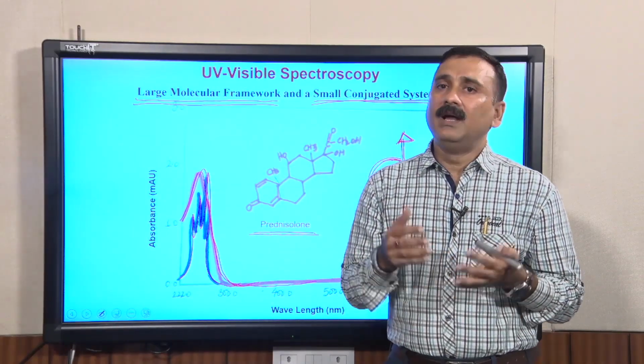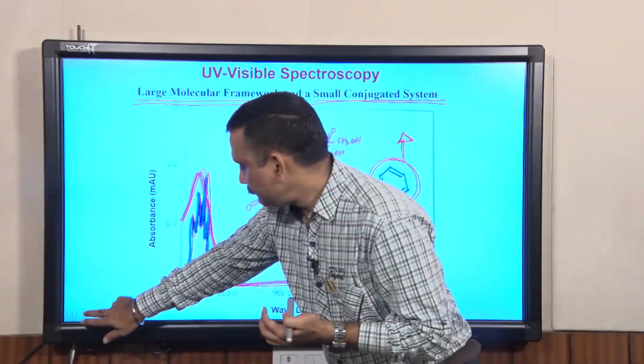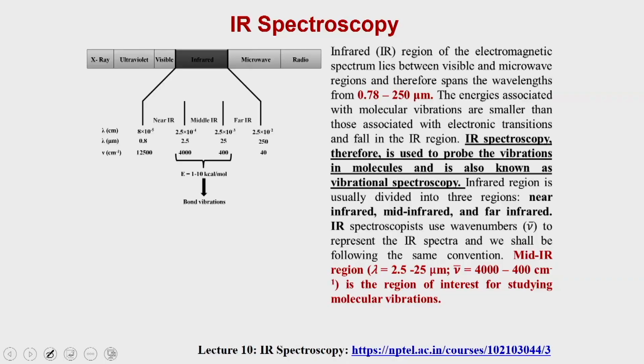and discuss the next spectroscopy technique, called IR spectroscopy. IR spectroscopy lies within the region of electromagnetic radiation between the visible and the microwave regions, and the IR region spans from 0.78 to 250 micrometers.